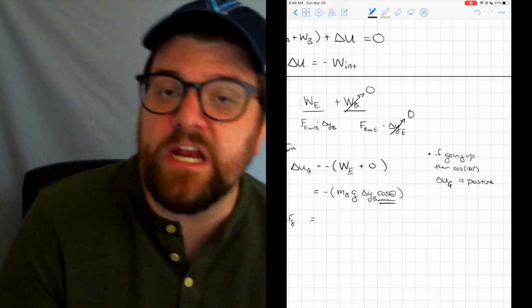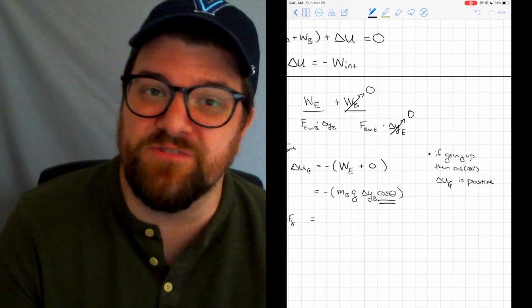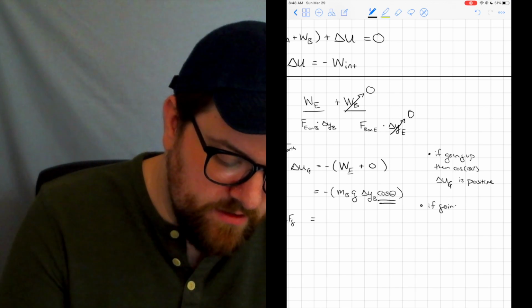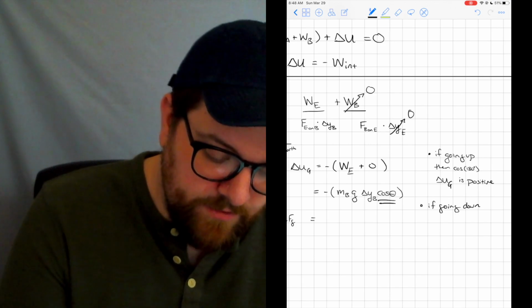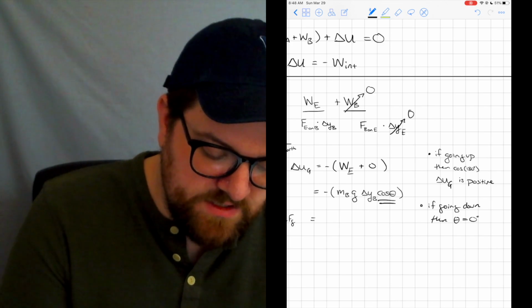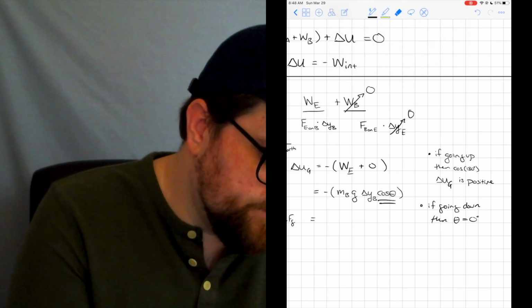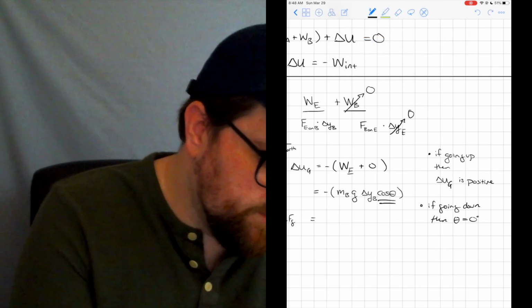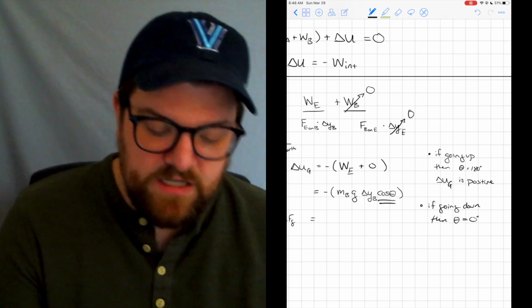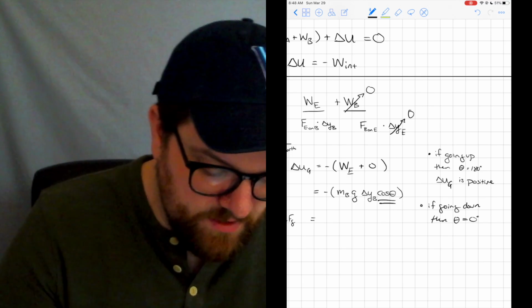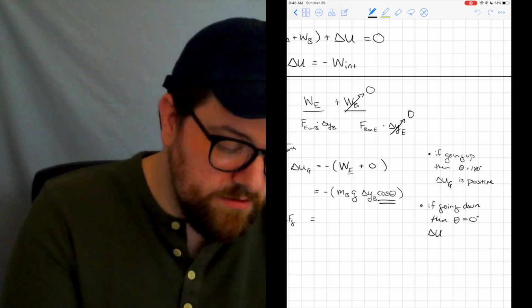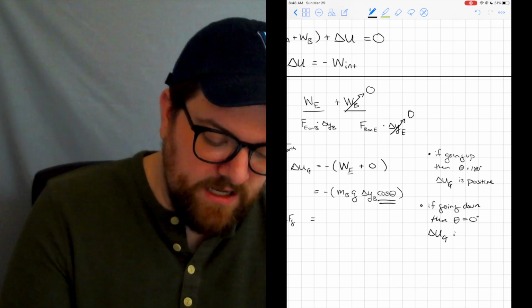I'm storing energy in this interaction between the ball and the Earth. If going down, then really I should have said theta was equal to 0 degrees. Let me quickly change that up over here. I'm going to say theta equals 180 over here. Theta equals 0 degrees if we're going down between the force and the displacement. Delta U_G is negative.